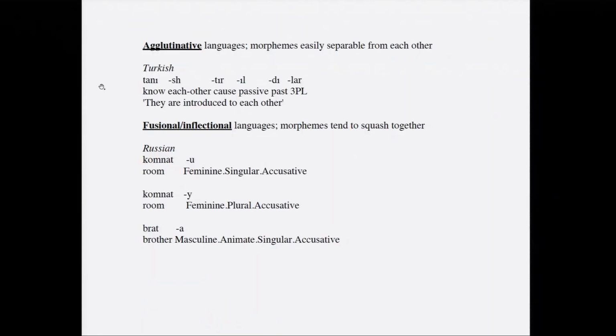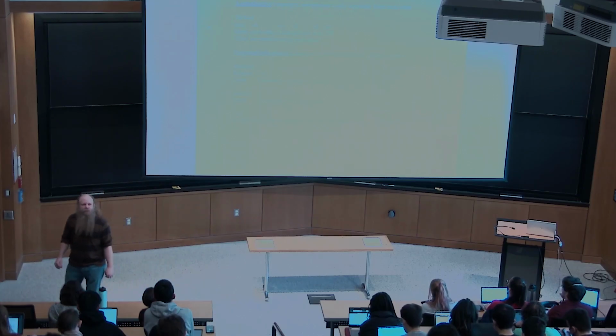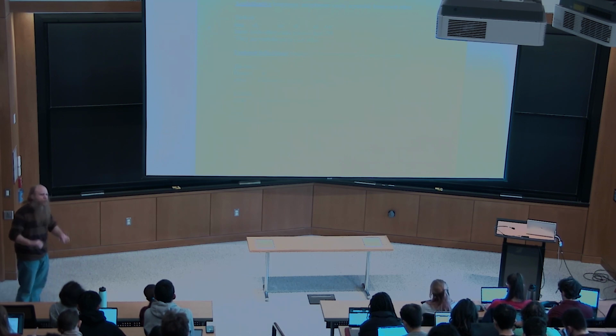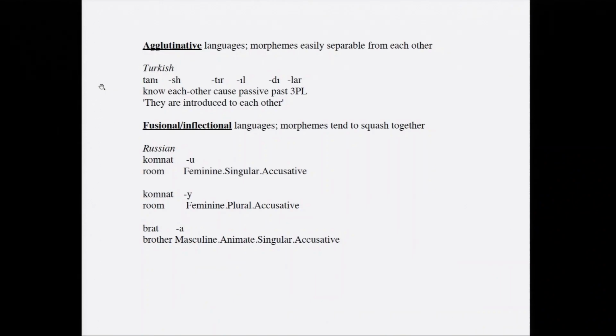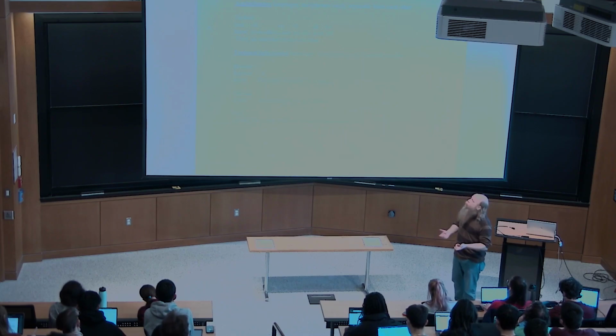So this is another, again, informal way of classifying languages. If we were having tests in this class, I would never test you on the meanings of these terms because they're fairly imprecise. But they're useful for giving people a basic idea of what you're looking at. Agglutinative languages are languages in which there are typically a bunch of morphemes that are bound, and they are easy to separate from each other.